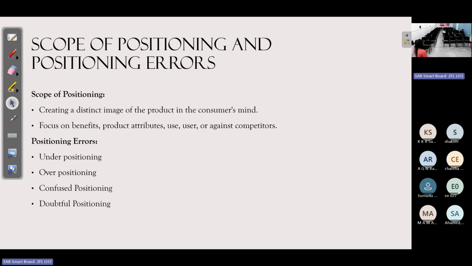Here what we will be doing mainly is communicating information about the product. That's what comes under positioning.